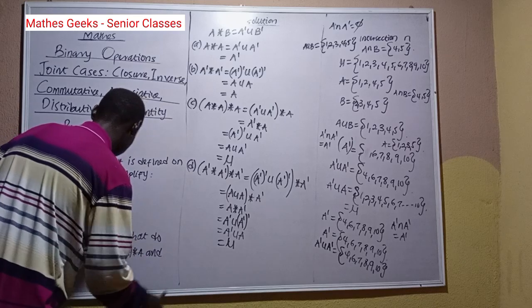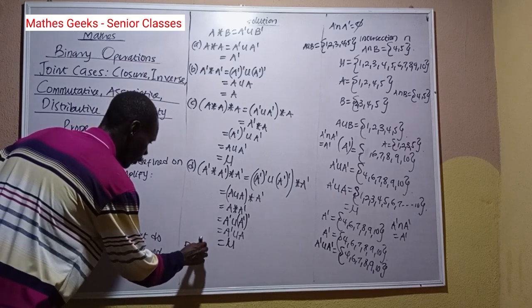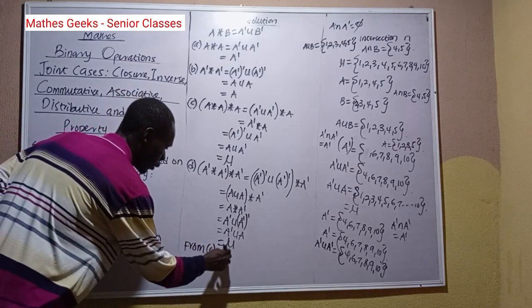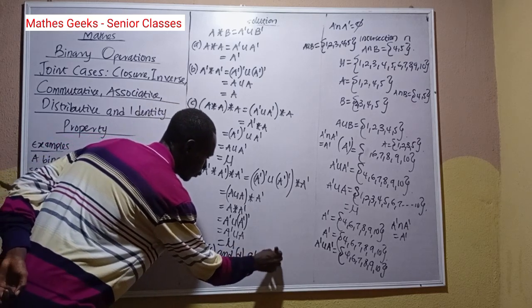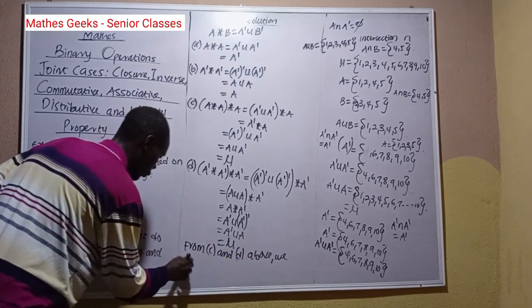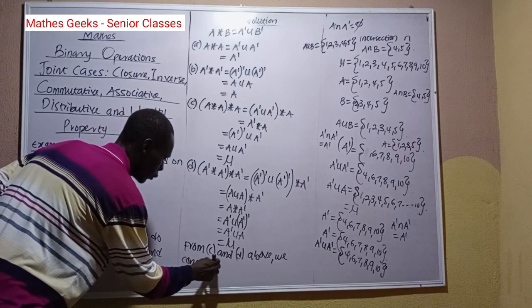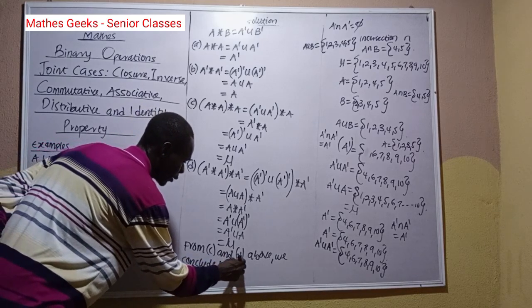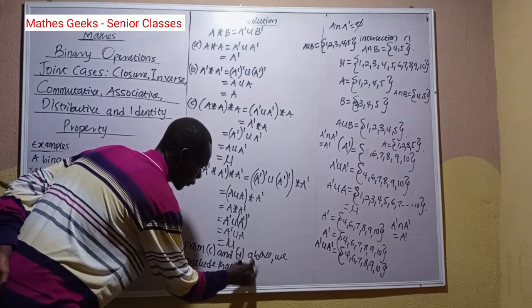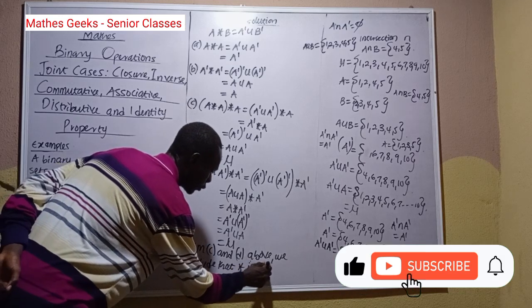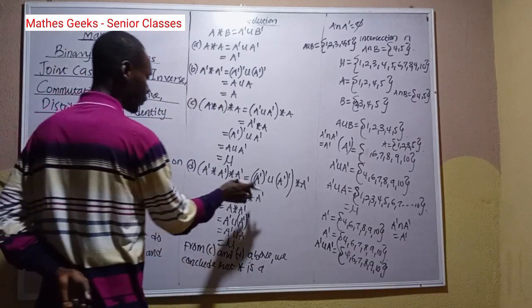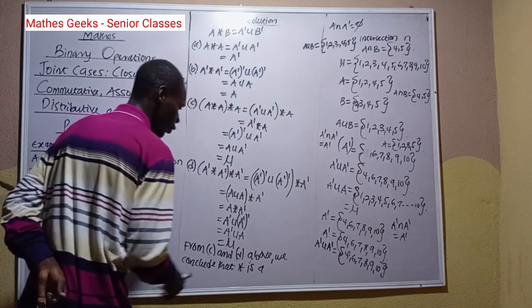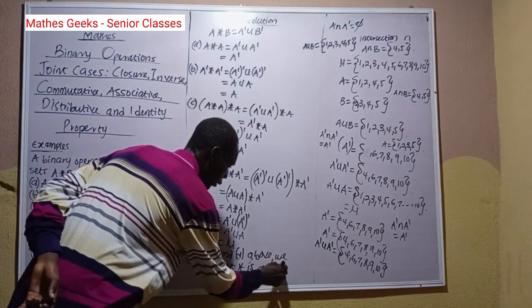So from C and D above, we conclude that star is associative. Three elements, same operation. Star is associative.